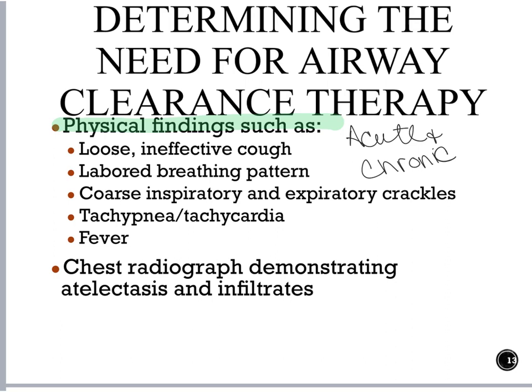If they have coarse inspiratory and expiratory crackles, or one or the other. If you can hear crackles in their lungs and they aren't able to effectively cough it up and out, they're going to need airway clearance therapy.